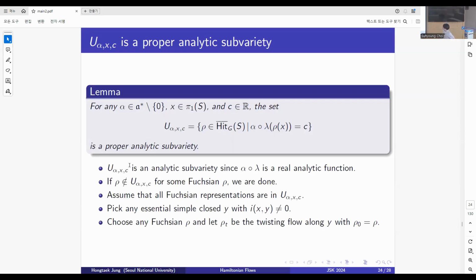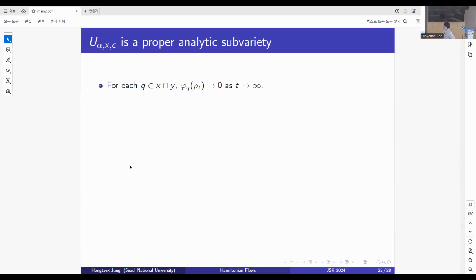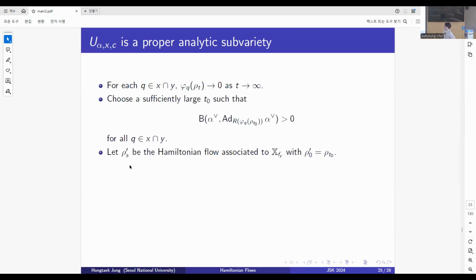So Y, alpha, X and C are given. We take an essential simple closed curve that intersects at least once with X. And then we do some twisting flow along Y. And this is a kind of folklore theorem: if you do the twisting enough, then the angle between X and Y converges to 0.